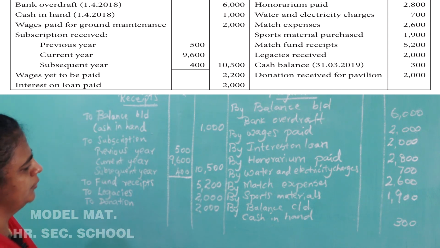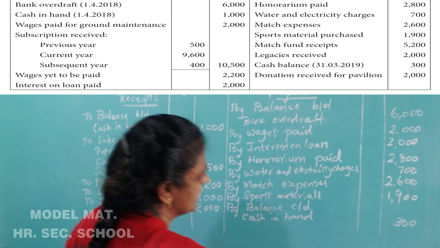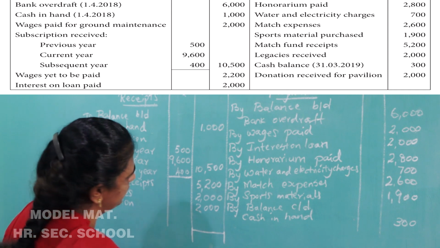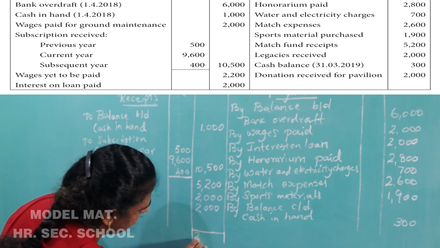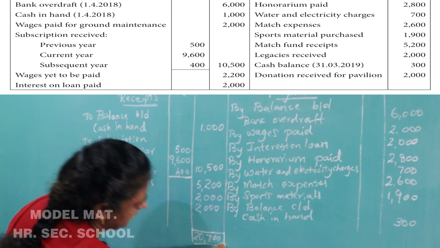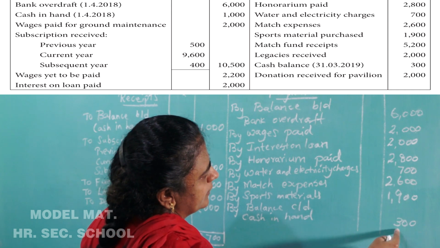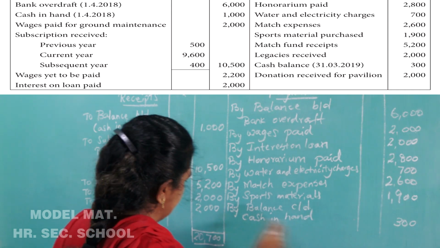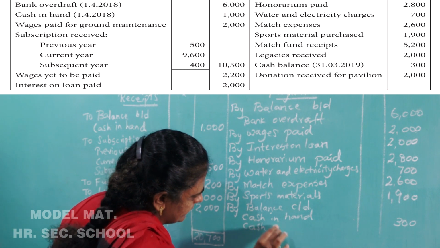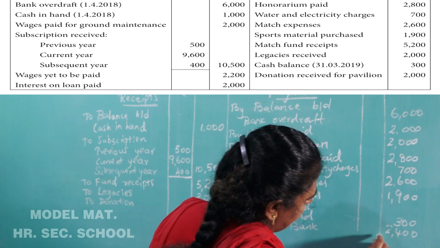Now find the total of the debit side and the total of the credit side, and see which side is greater. The debit side is greater. Put the total 20,700. Subtract the credit side items from this. The difference will give you the cash at bank, 2,400.